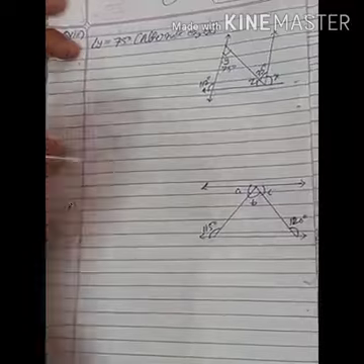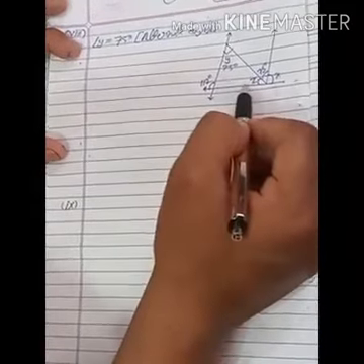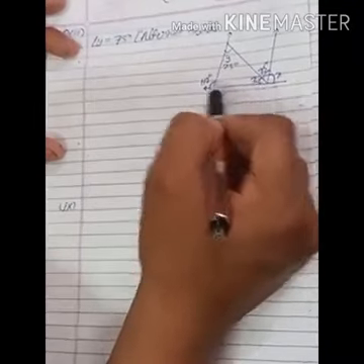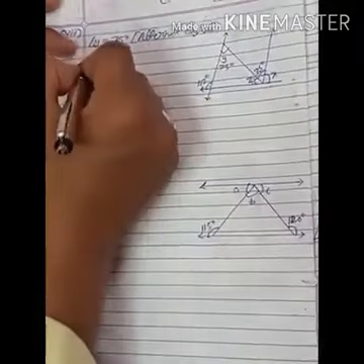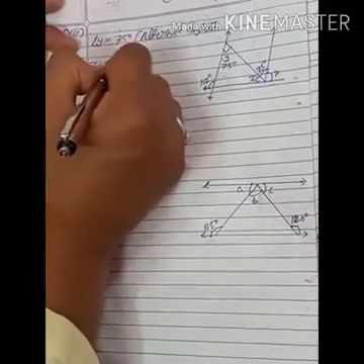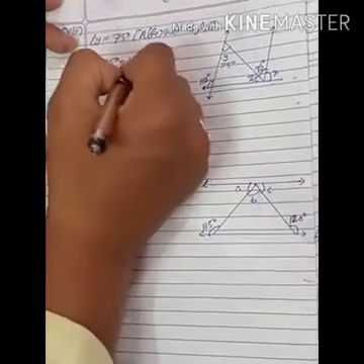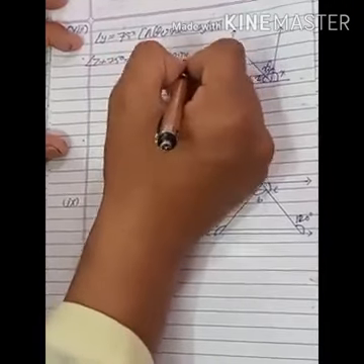Now this parallel line, so this one is transversal line. So this angle and this complete angle and 112 degree are corresponding angle. So see, angle z plus 75 degree is equal to 112 degree, corresponding angles.